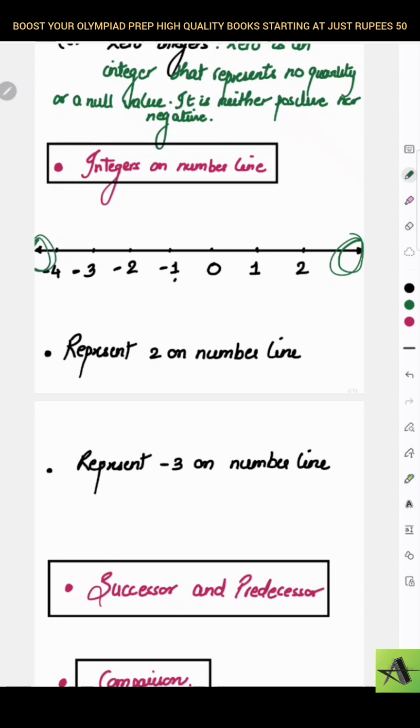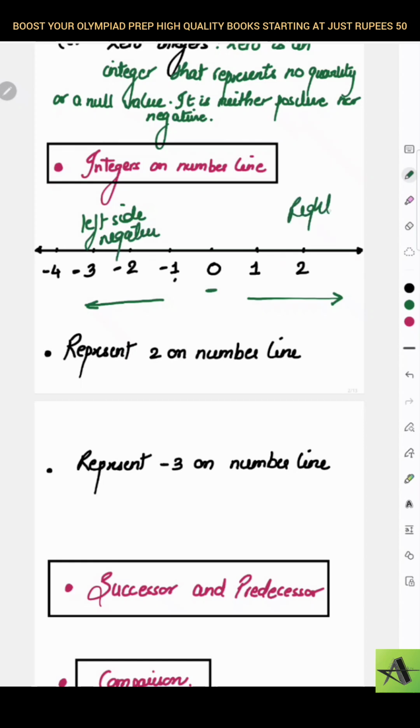That means the numbers keep going and going, to 100,000 crores and so on. On the right hand side of 0, because 0 is the center, we represent positive numbers, whereas on the left side we represent negative numbers. So the left side is all about negative numbers and the right side is all about positive numbers.